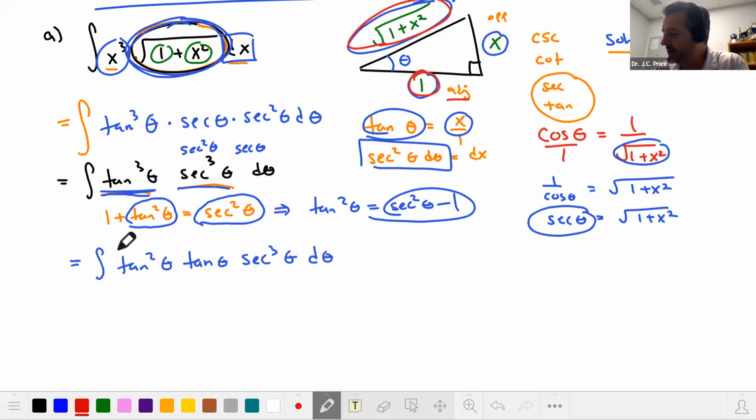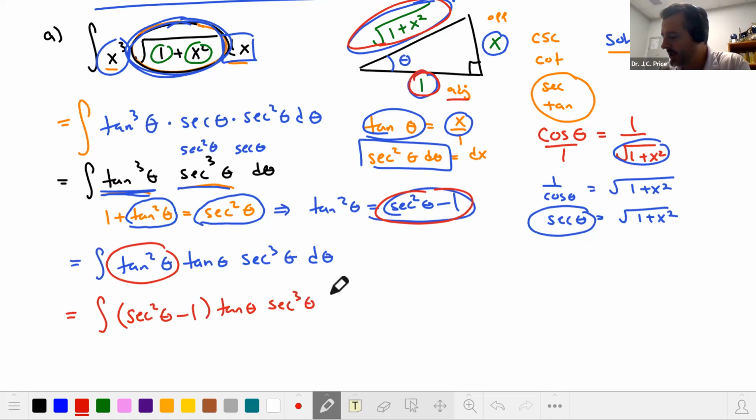And so what I'm going to do is I'm going to replace this with what it's equal to here, and then we'll be able to make a substitution if you want, or we'll be able just to integrate this by guessing and checking. So this is actually secant squared theta minus 1, and then times a tan theta, and then you have a secant cube theta d theta left over here.